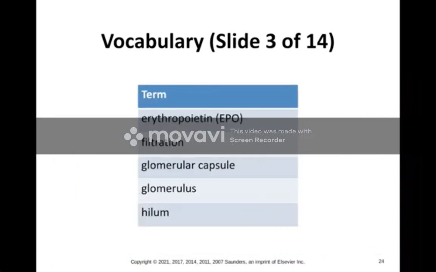Erythropoietin, or EPO, filtration, glomerular capsule, glomerulus. I know those are tough to say. Glomerulus.